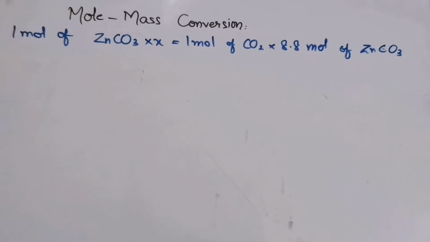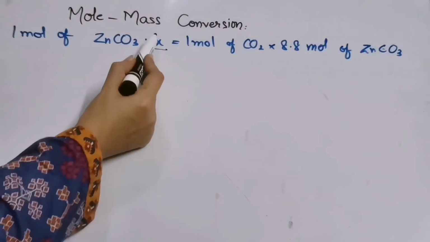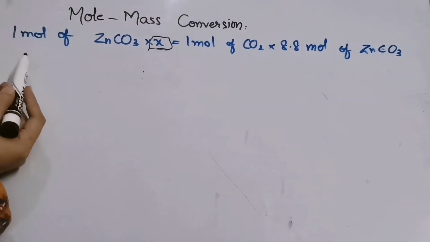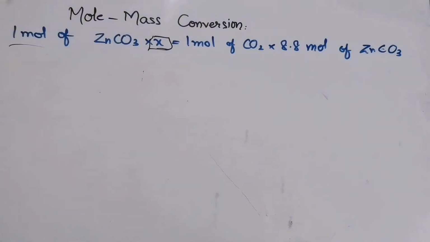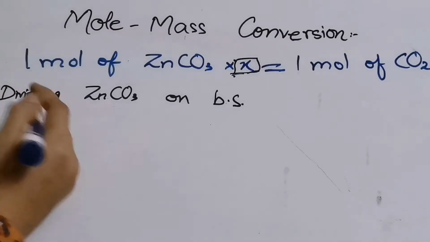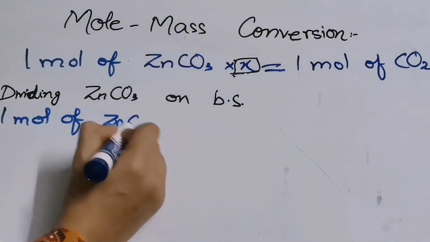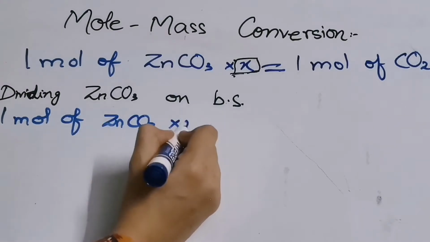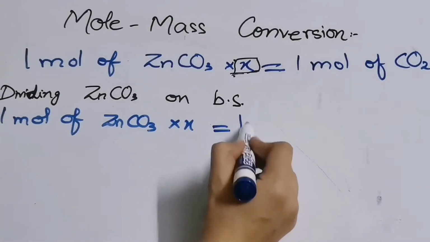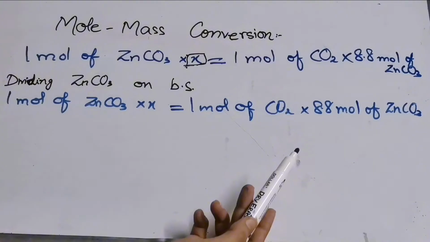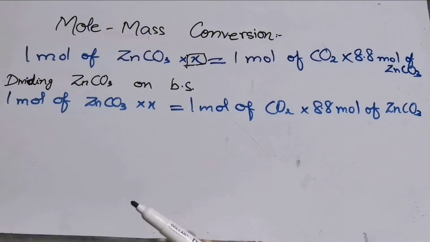X will stay in its place, and we will divide by 1 mole of zinc carbonate on both sides.